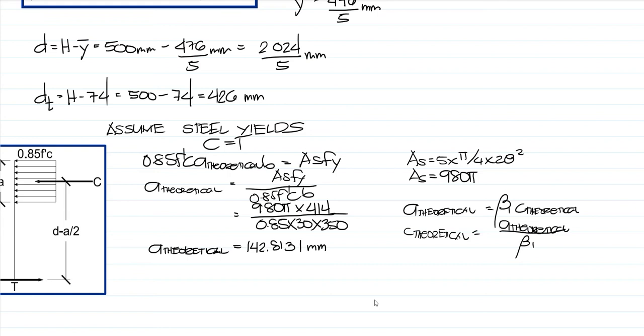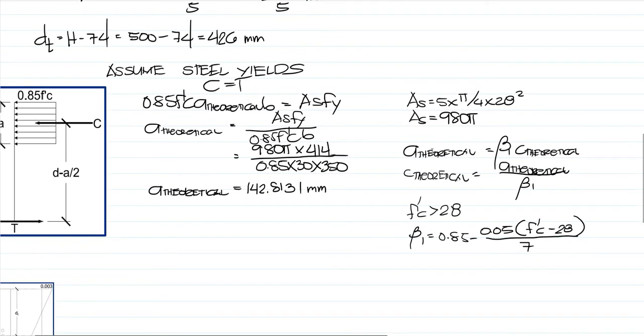So, as you can see, our F prime C is 30, which is much greater than 28. So, papasok yung beta 1 natin on a value which is equivalent to 0.85 minus 0.05 times F prime C minus 28 divided by 7.